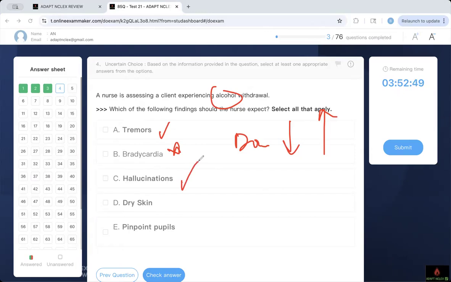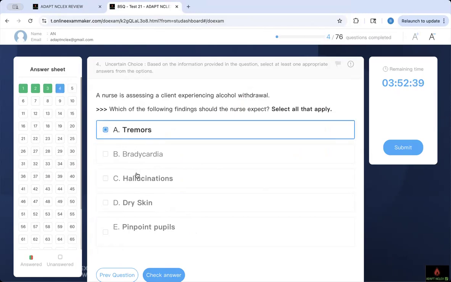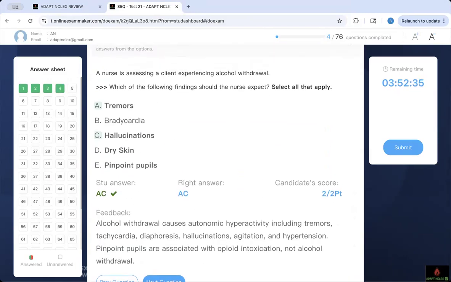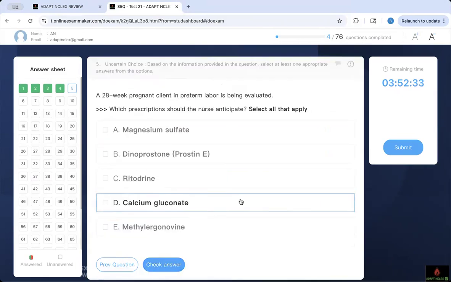Hallucination, I'm going up. Dry skin, I'm going down. And pinpoint pupils, I'm going down. This is the way you answer these questions. And therefore, tremor, hallucination, signs and symptoms of alcohol withdrawal. Without even knowing the symptoms, I don't care. I just know the direction it's supposed to go.